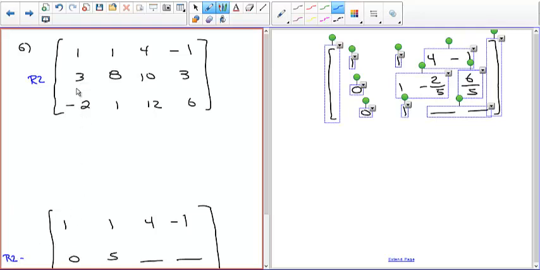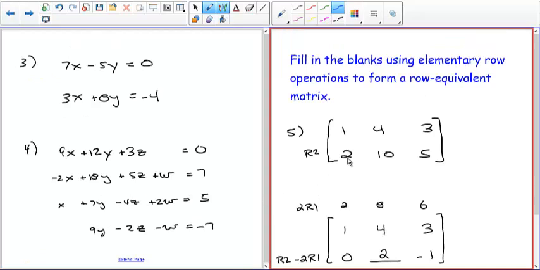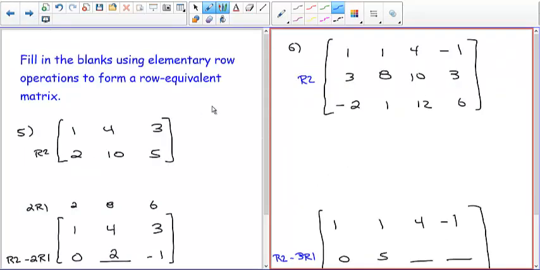To get from 3 to 0, I've got to subtract 3 times row 1, just like I subtracted 2 times row 1 before. The reason I subtracted 2 times row 1 there was because this was a 2, and this is a 3.